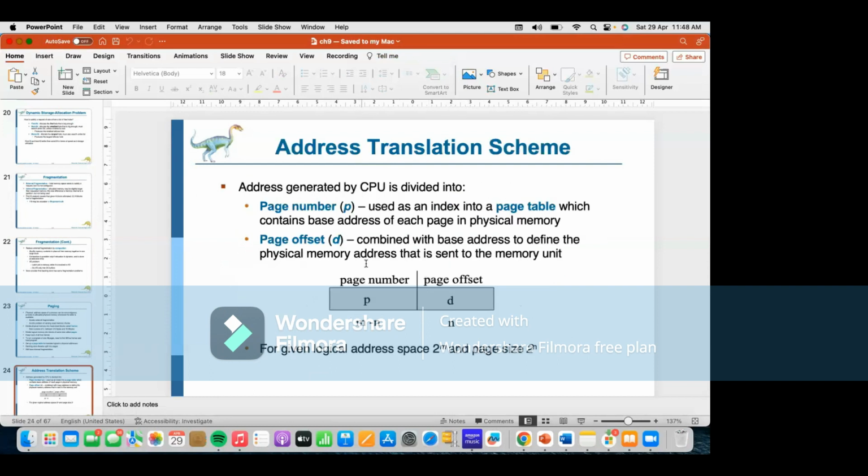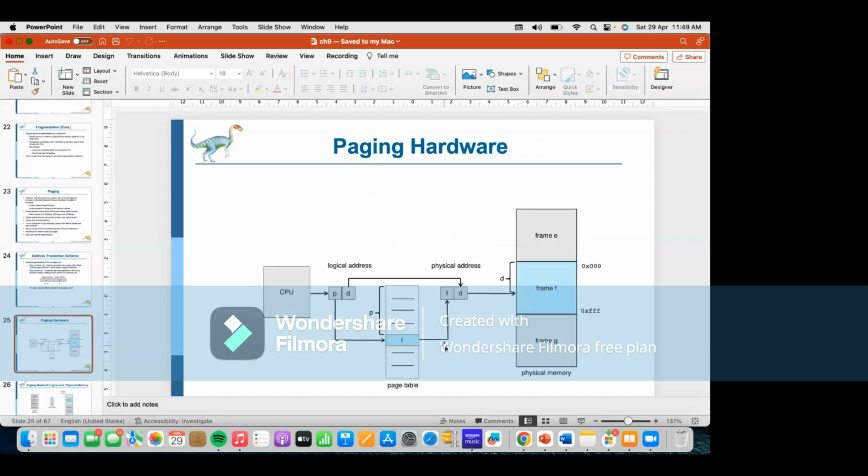This is the indexing, with page number and page offset, showing how many pages it occupies. This is the paging hardware, and the page table.